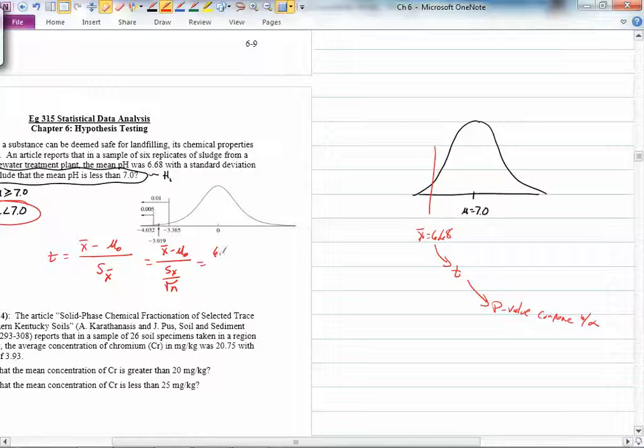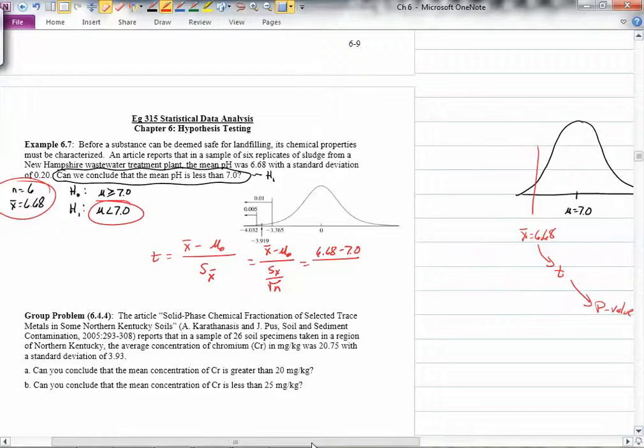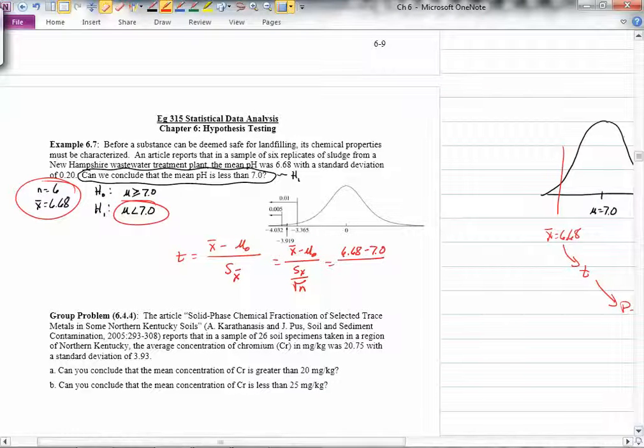So 6.68 minus 7.0, and S was what? 0.2? 6. So I got that to be minus 3.919.